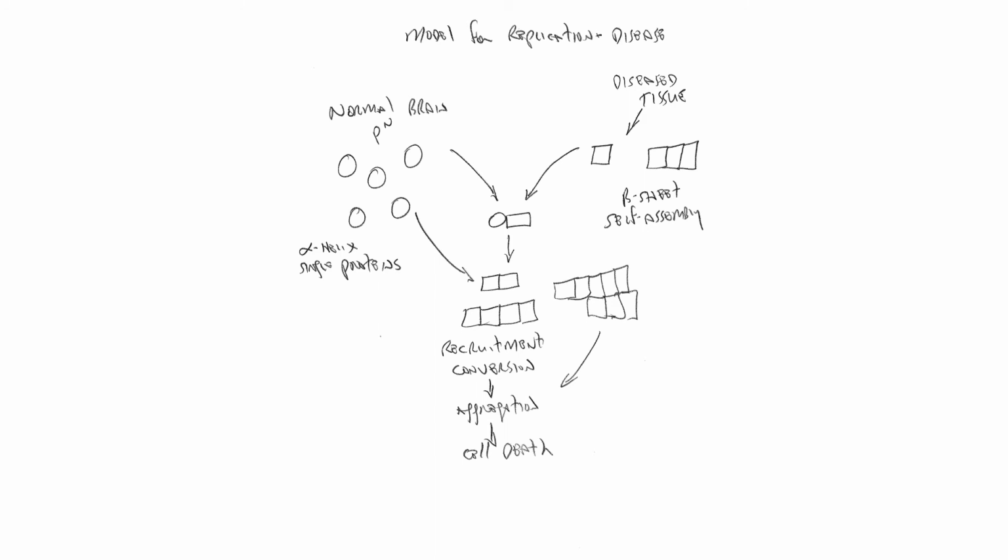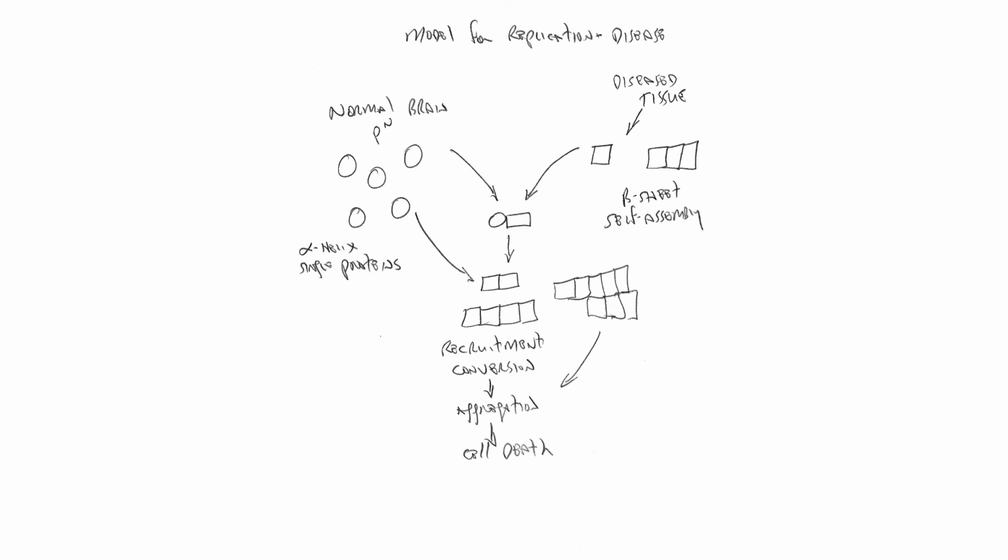What I've shown in the middle is once you have the diseased prion entering the brain, and your brain is producing the normal prions, once they bind together, it forces the alpha helix into a beta sheet form. And then, of course, those aggregate, and they cause cell death in the brain.